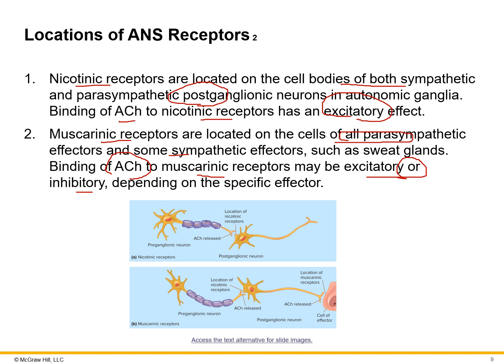So again, just our picture here looking at these. Nicotinic receptors: the preganglionic neuron releases acetylcholine, and the nicotinic receptor is on the postganglionic neuron. Now the muscarinic receptors are found here, where the acetylcholine is released from the postganglionic, the second neuron, onto that effector cell.